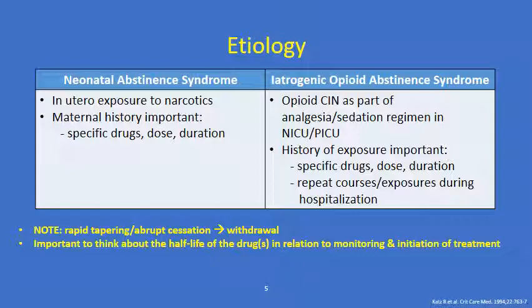Same thing with IOAS, certain medications, it may not be immediately, it could be days after. So it's always important to think about how long the medication may stay in the patient's system. And on the flip side, if you're starting a medication, you might not see it start to work immediately. It may take some time.